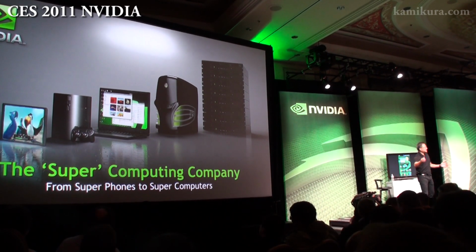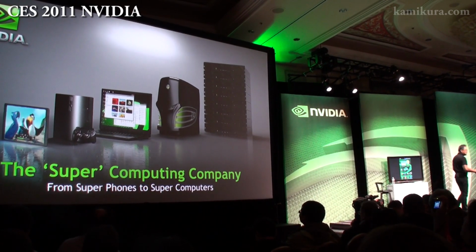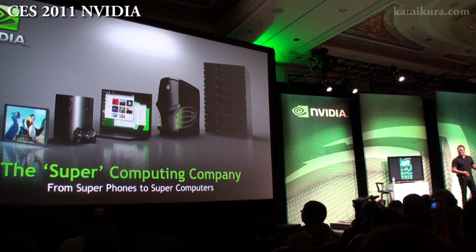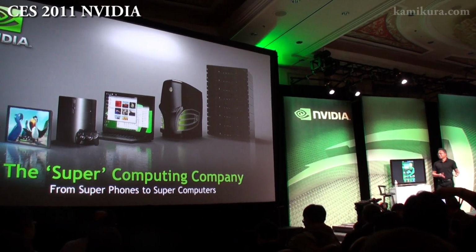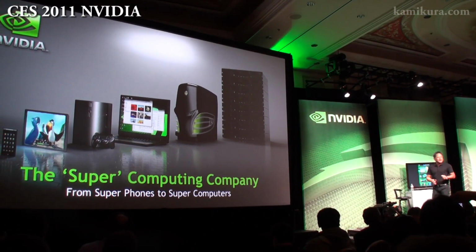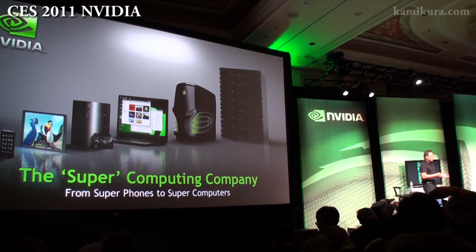Our GPUs are used in the world's fastest supercomputers. They're used in the most powerful and the craziest and wildest game machines. They're used in high-end laptops to deliver the best experiences. They're used in game consoles like the PlayStation 3. And of course now we're talking about superphones and tablets.